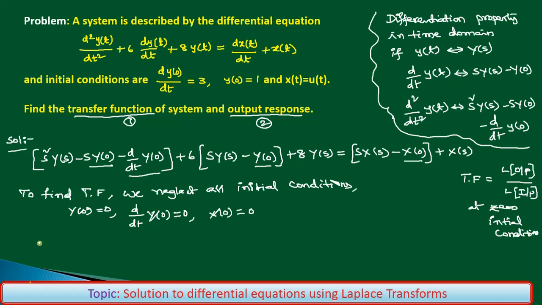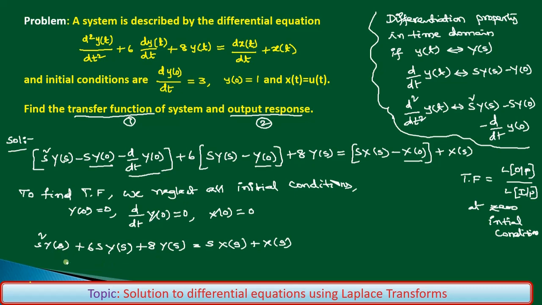So then we obtain s square y of s plus 6 s into y of s plus 8 y of s equals s into x of s plus x of s.